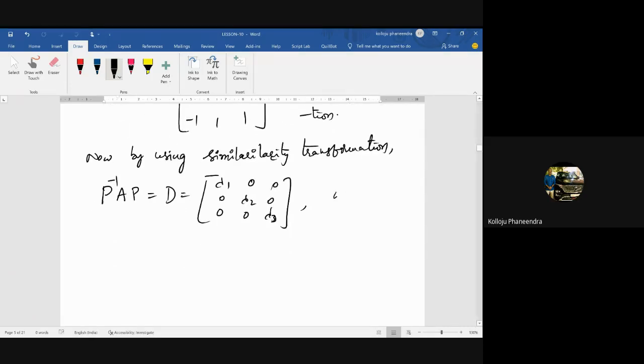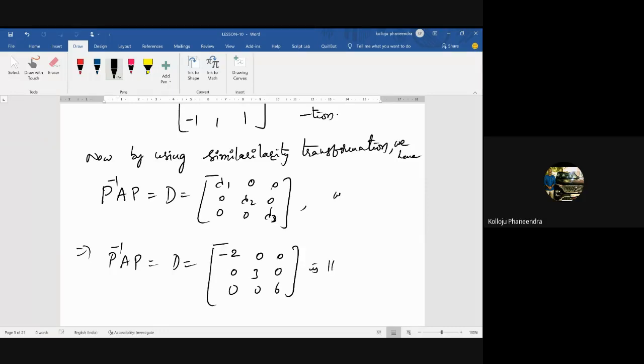So P inverse AP equal to D equal to, taking in order, minus 2, next 3, next 6, is the diagonal form of A.